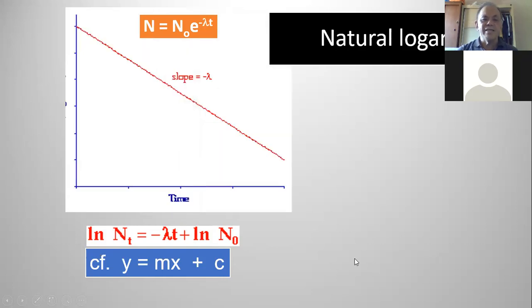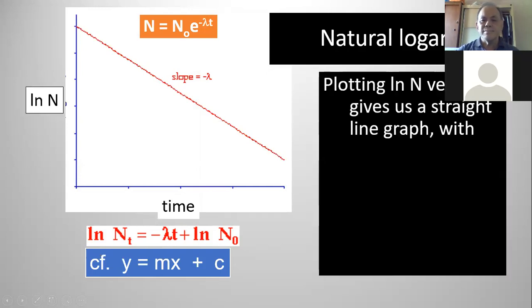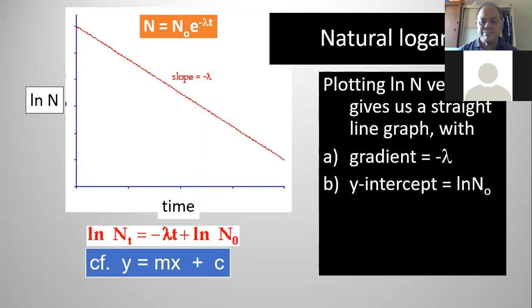So we can draw the graph, a negative slope. So one way to determine your decay constant, lambda, is to draw a graph. Plot ln N versus t to give a straight line. The gradient equals minus lambda, and the y-intercept is ln N naught.